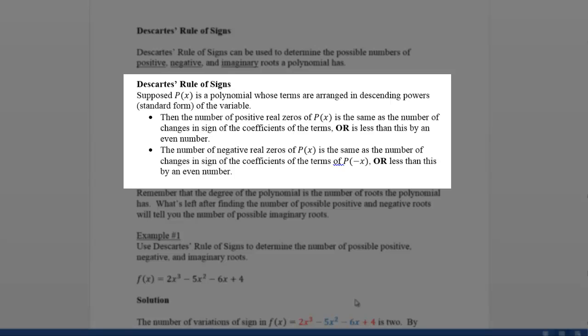Now, to figure out the negative roots, we have to figure out what f of negative x is. So we rewrite the polynomial as f of negative x and then write that in standard form. Again, we check the number of sign changes, and that'll tell us the number of negative roots that we have, or less by an even number.